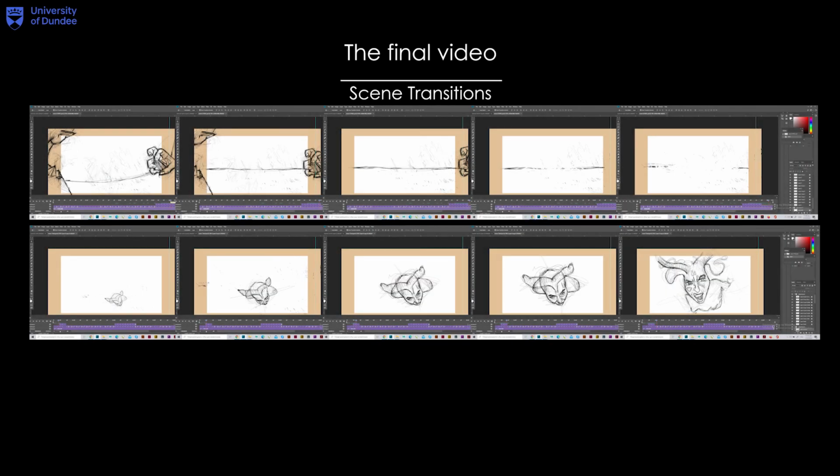Proceeding to my final video, I came across facing the meanings of directing. So my first choice was to add some scene transitions in between, like bringing the character up from a difficult or weird angle in the scene.